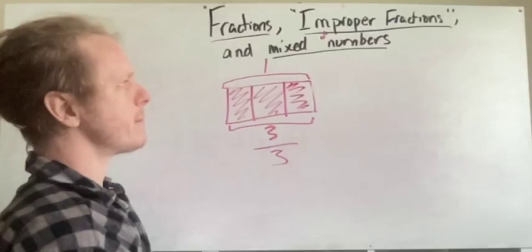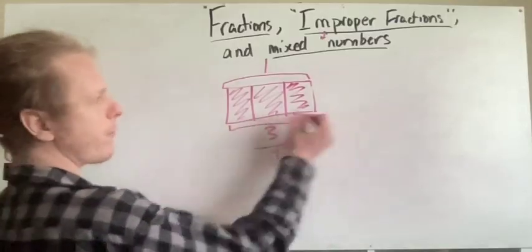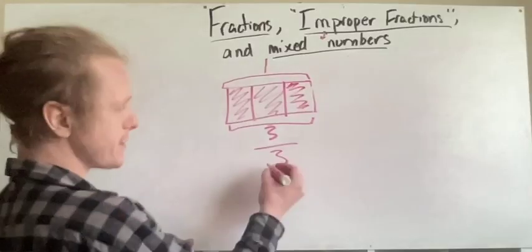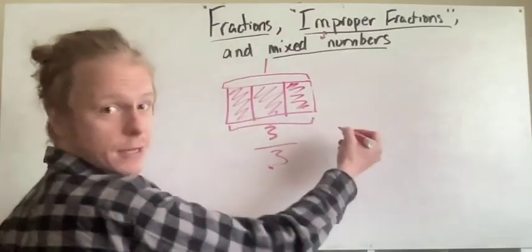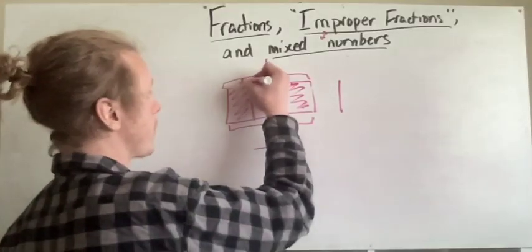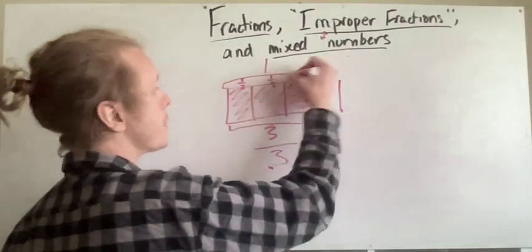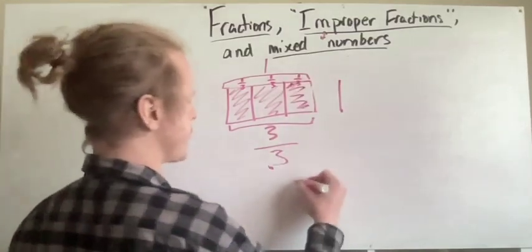How would I represent 4/3? Well, I can't fit 4/3 into 1 chocolate bar because the thirds tells me I'm breaking each chocolate bar into 3 pieces. So if I want another third, this is 1/3, and this is 1/3, and this is 1/3. So how would I show 4/3?